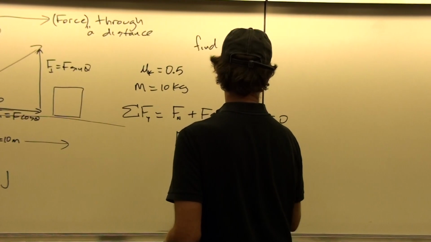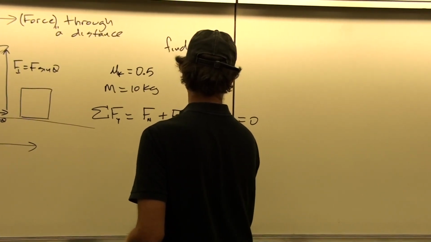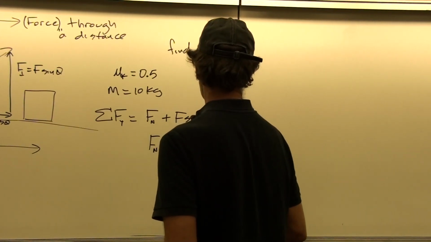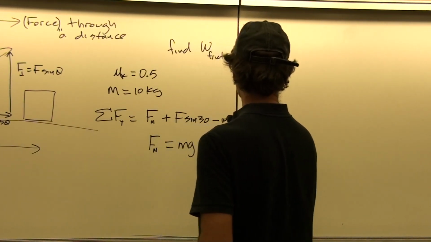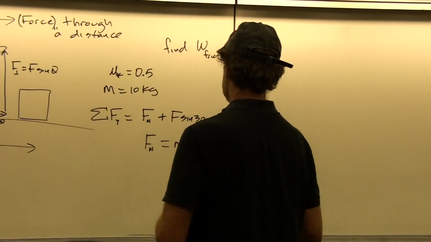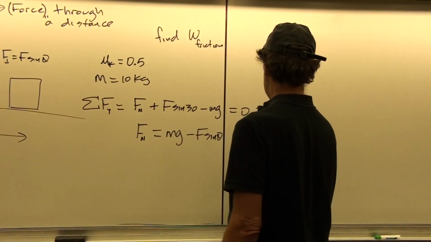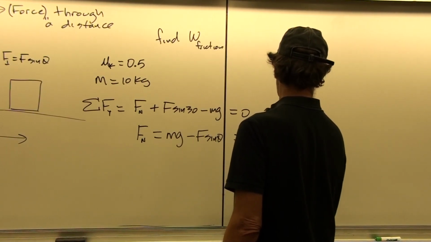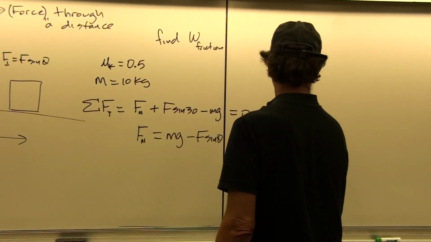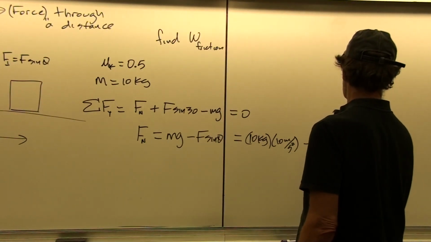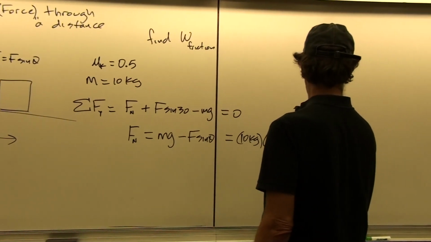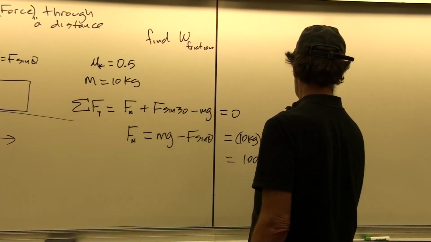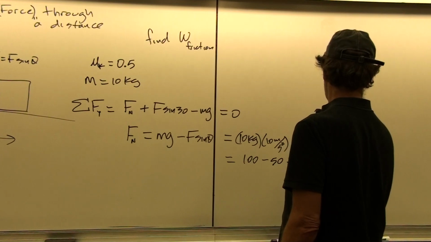So here, the normal force is equal to mg minus F sine theta. And so this is actually a problem that we solved before. This gives us m is 10 kilograms times g, which is 10 meters per second squared, minus 100 times the sine of 30. Sine of 30 is 1/2, so that's 100 minus 50 equals 50 newtons.